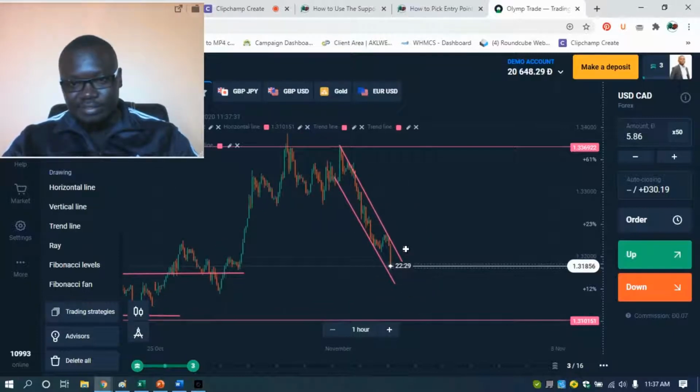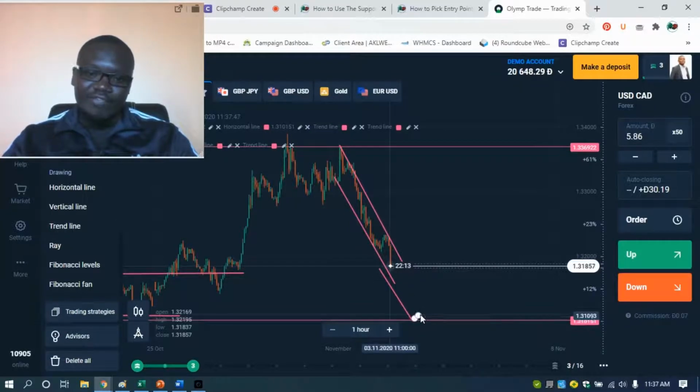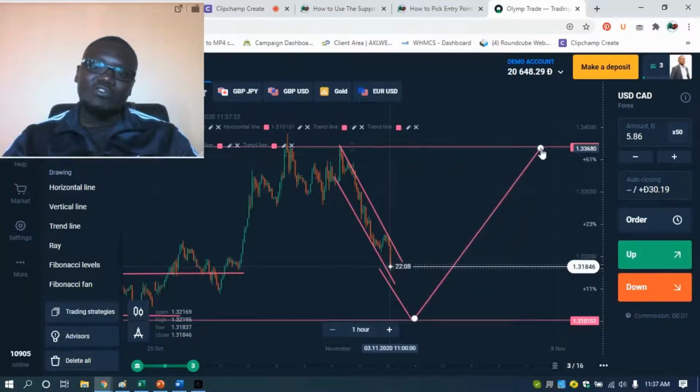There are not enough trading tools on this platform, so we can just try to simulate whatever will happen on this trend. So prices will move to this level here. Then, if they can't break out of that level, they'll bounce back and try to move towards our resistance level.